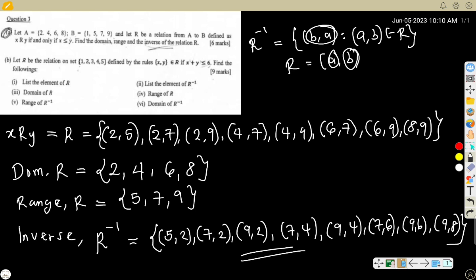So we are through with the A part now. Let's see the B part.